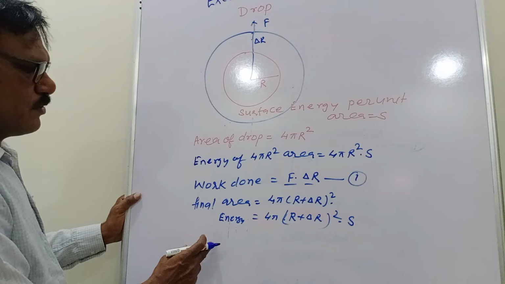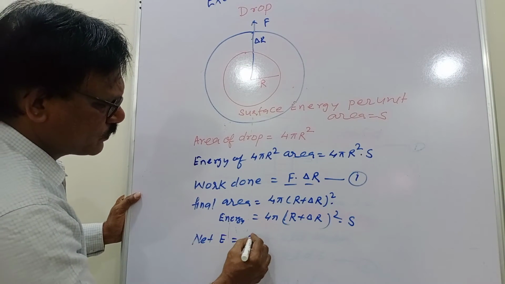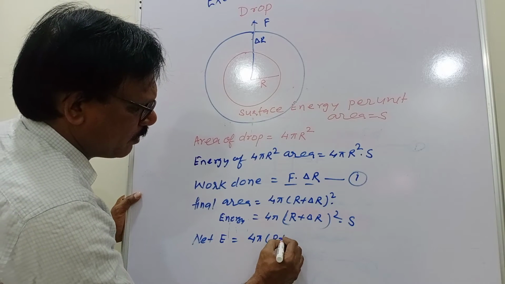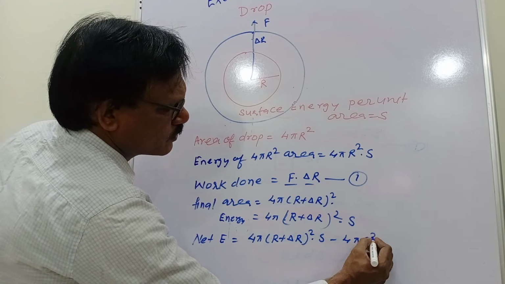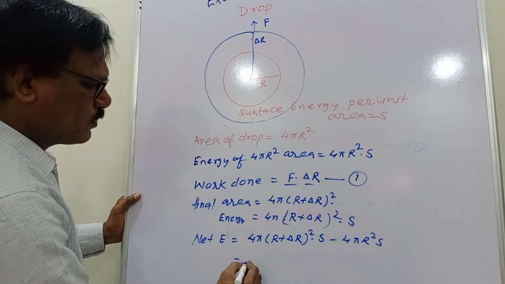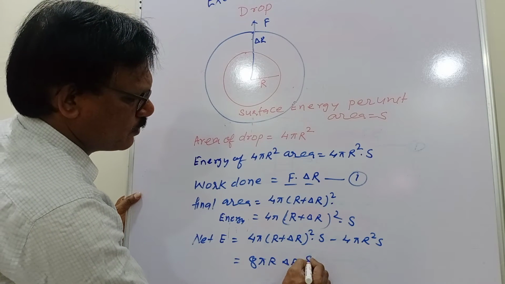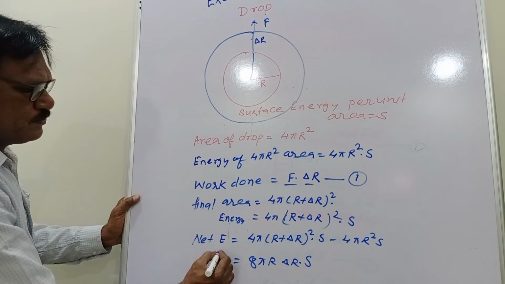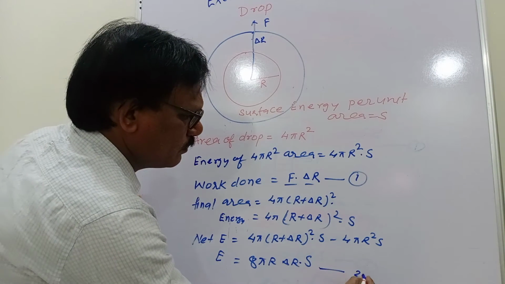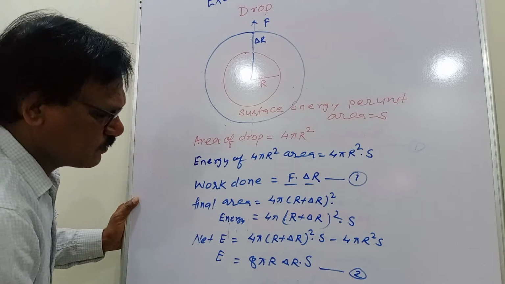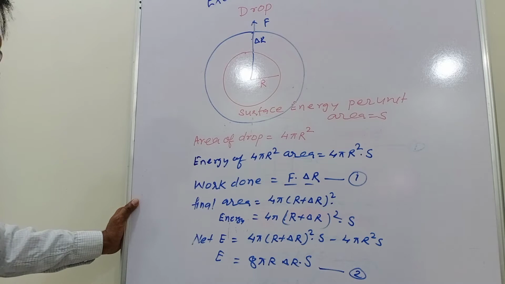So the net energy will be what? Final energy minus initial energy. So the net energy will be 4 pi (r plus delta r) whole square into S minus 4 pi r square into S. If you solve, you will get 8 pi r delta r into S. This is the energy due to increase in area, and this must be equal to the work done, because from conservation of energy, work done will be converted into energy.